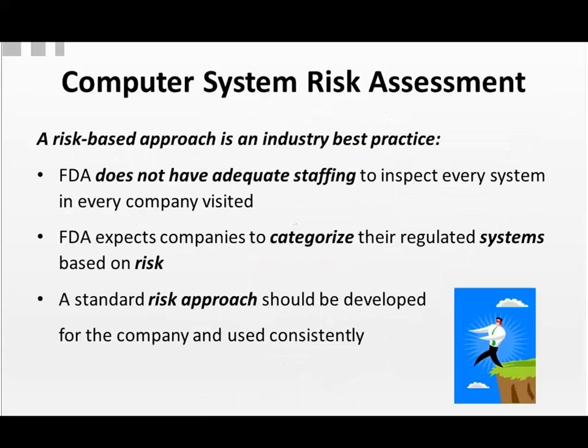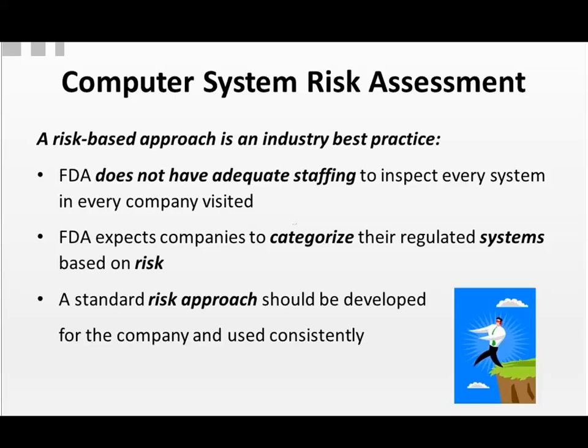Now, your validation plan should have in it information about the system, the size of the system, the complexity, the potential risk associated with it. The risk-based approach is an industry best practice and can help lead to developing the right level of validation testing.